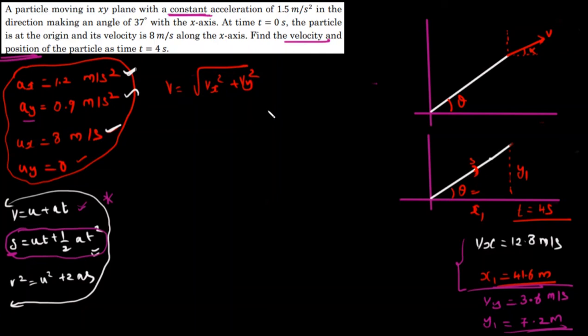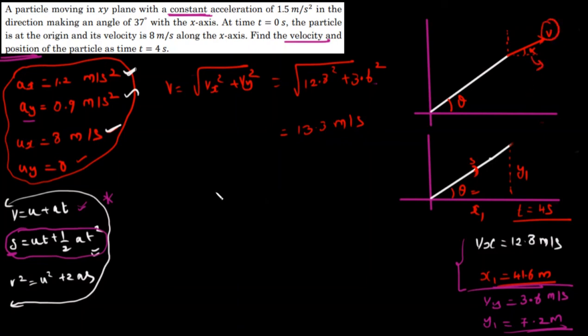So the final velocity will be the resultant of the x direction and y direction velocities. That is root of 12.8 square plus 3.6 square, which will be 13.3 meter per second. So we got velocity also.